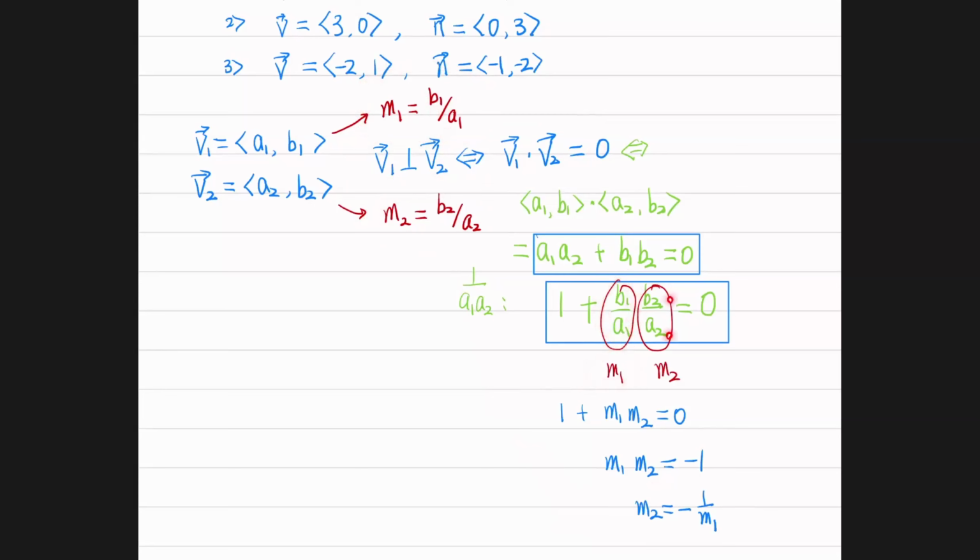So we proved that one slope is the negative reciprocal of another. So why is all comes from here: the two vectors are perpendicular. Oh, I get it, because if you flip it, one of the values is negative. Yeah, I get it.